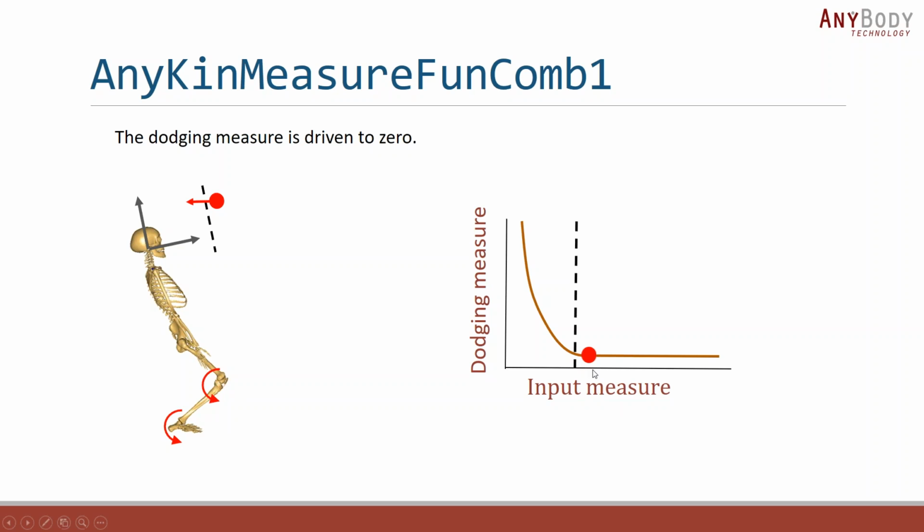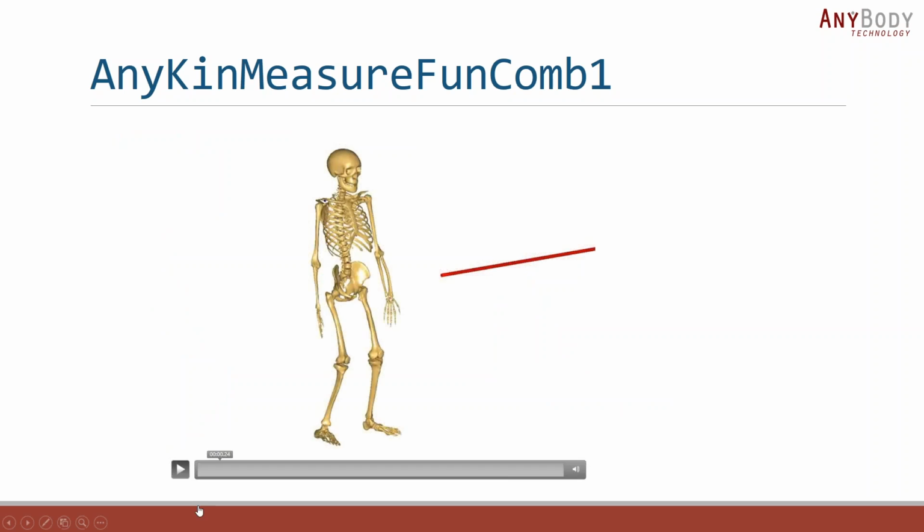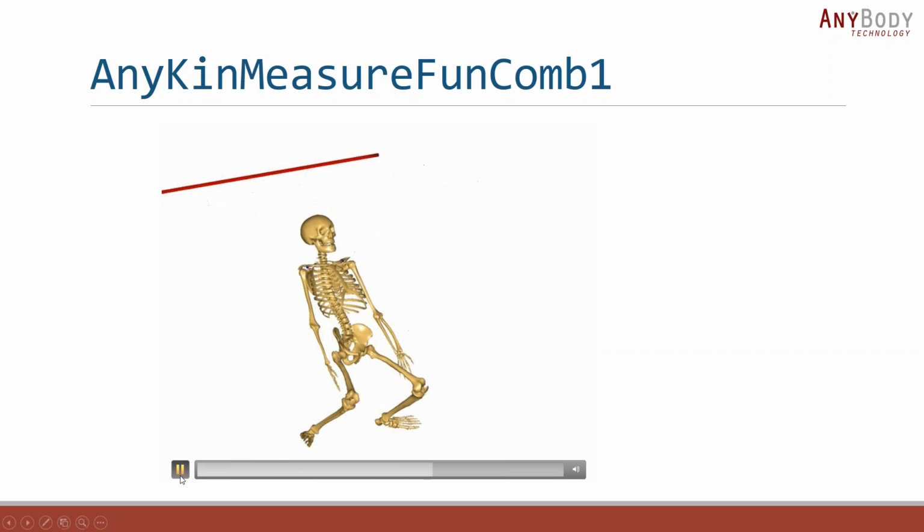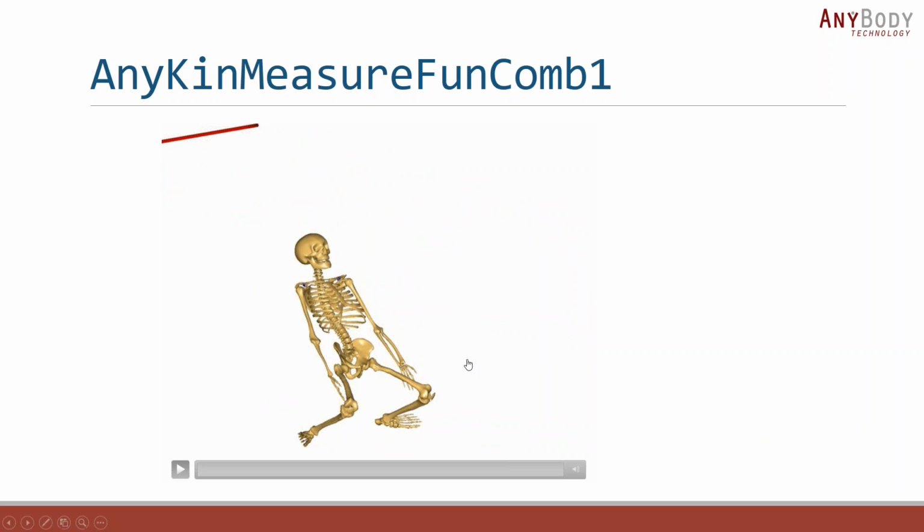So it will bend backwards so that the measure gets minimized. Let's try to show a small video example of this little model here doing the limbo. Sorry, let me see if I can start the video. So we have the bar coming towards it, and he touches it.